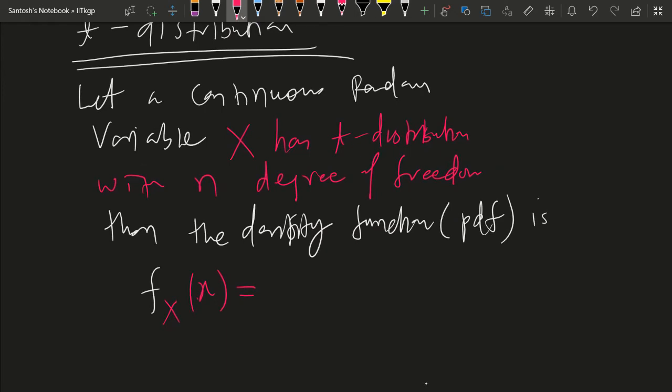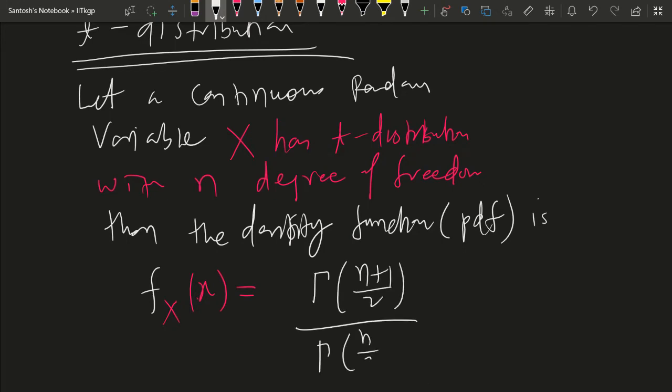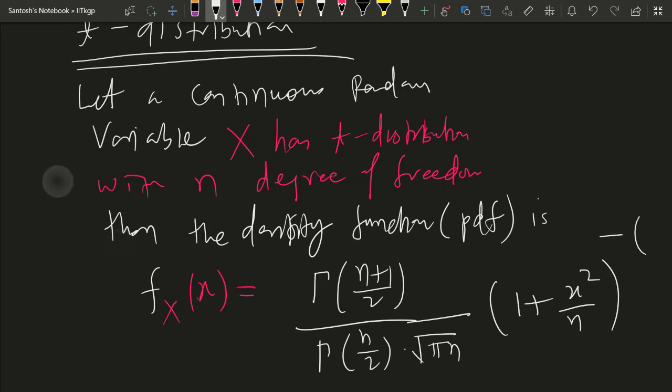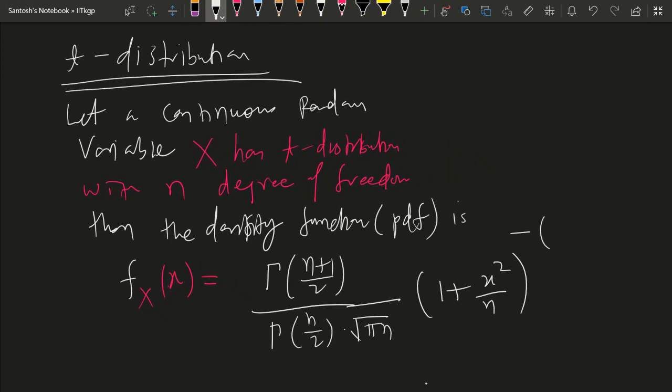So PDF will look like gamma of (n plus 1) upon 2, upon gamma of n by 2 into root under pi n, and (1 plus x square by n) raised to power minus (n plus 1) upon 2.